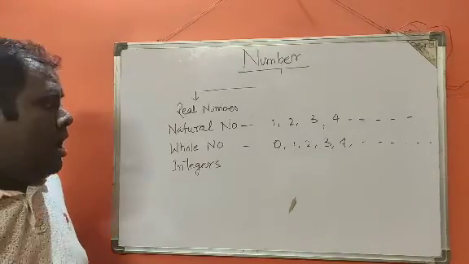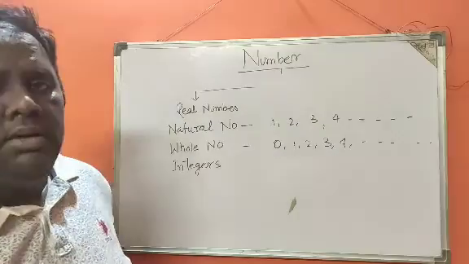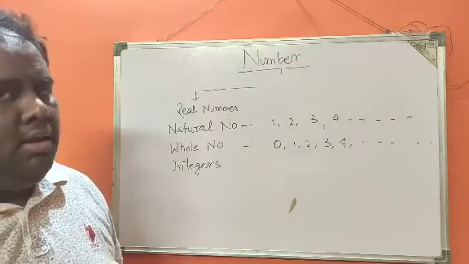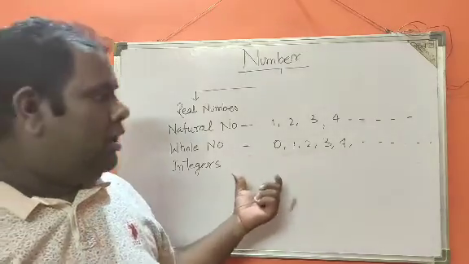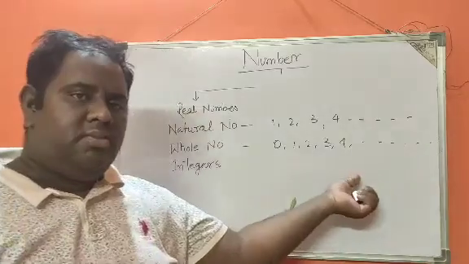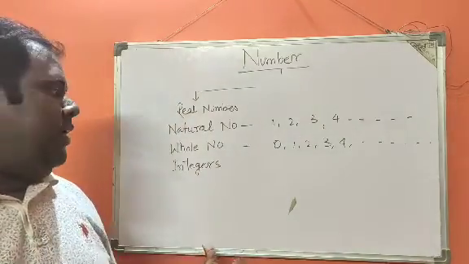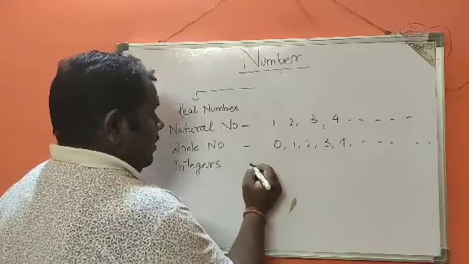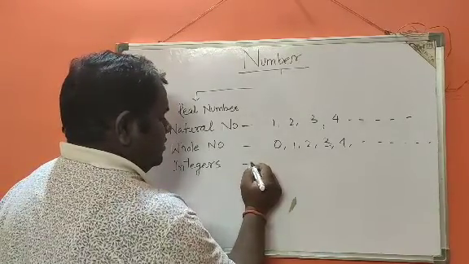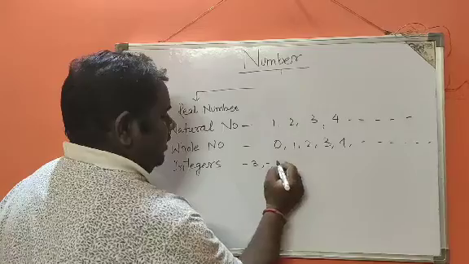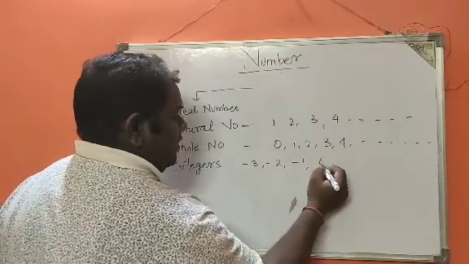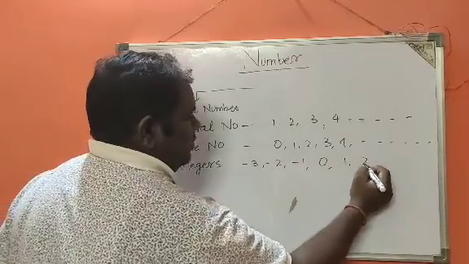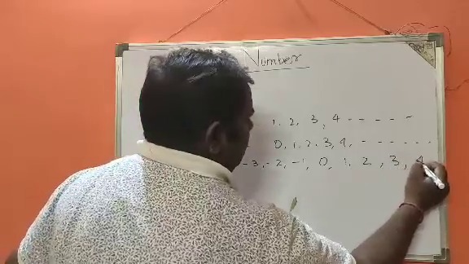Integers: all the whole numbers with their negative sign also are known as integers. Just like, suppose, minus 3, minus 2, minus 1, 0, 1, 2, 3, 4, like this.